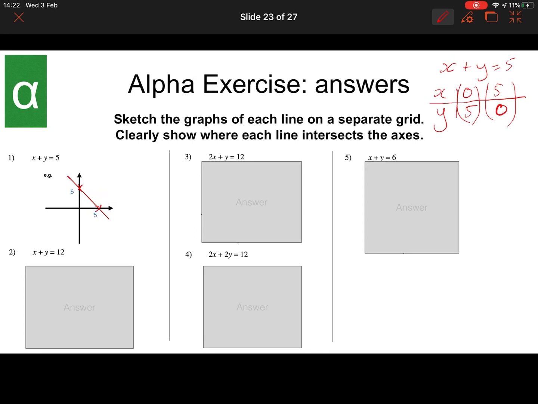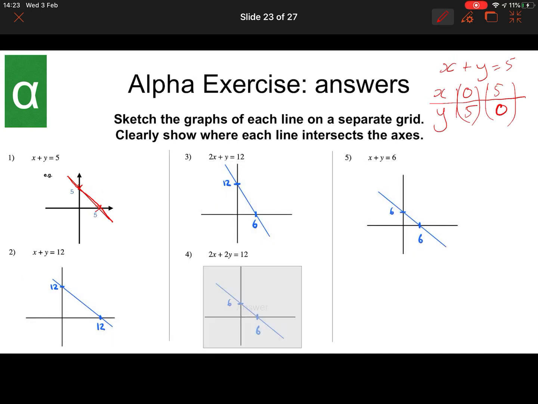So if x is 0, y will be 5. If x is 5, y will be 0. Show those 2 points and then connect up with a line. So I would like some sketches that show the same for each of these questions. Okay, so stop your video and have a go.